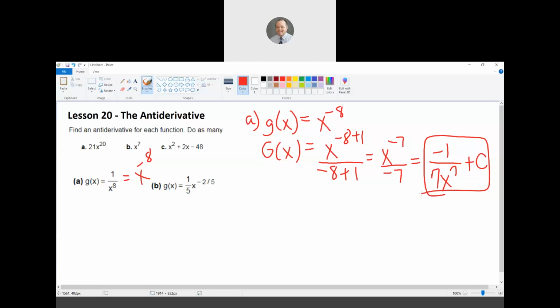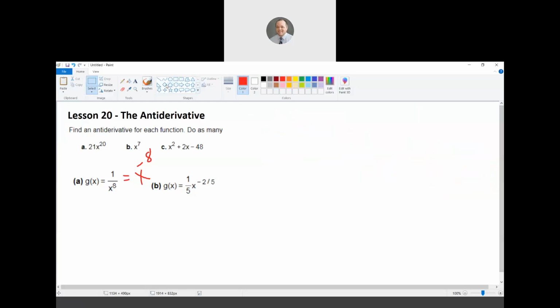And let's look at a second B question. Second B question, we have g of x equal to 1/5 x to the negative 2/5 power. To find the antiderivative, take the power rule for derivatives and reverse it.